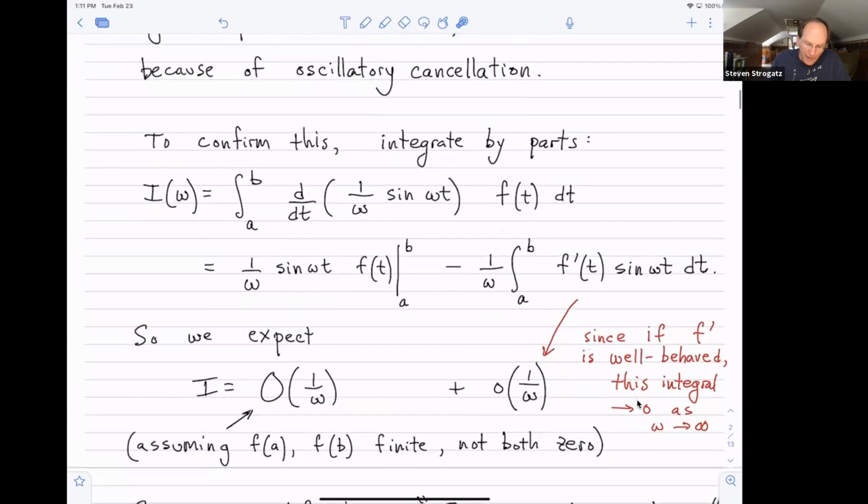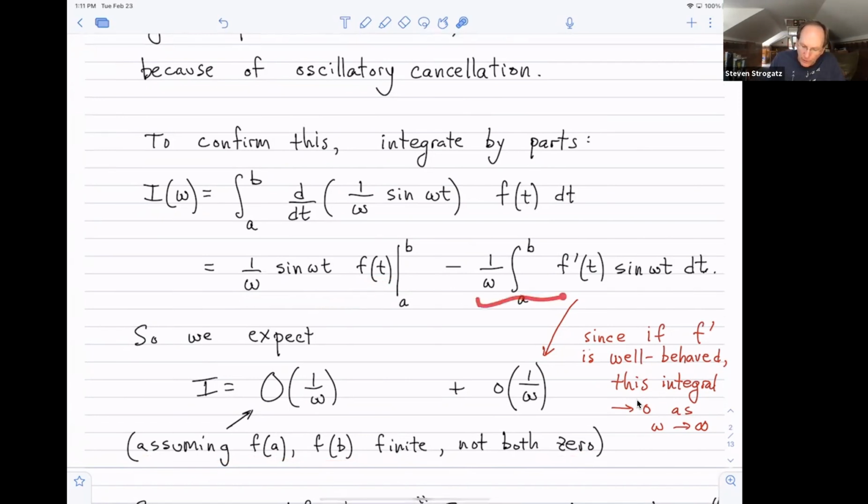As long as we don't have f blowing up at the endpoints, or in fact, if we want this to be the dominant term, we better hope that f is not 0 at the endpoints. So I'm going to assume f is both finite at the endpoints and that it's not 0 at both endpoints. So if we have all of that, then we could expect this to be the dominant term.